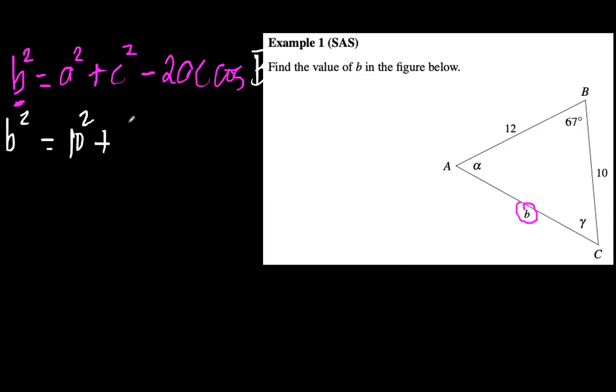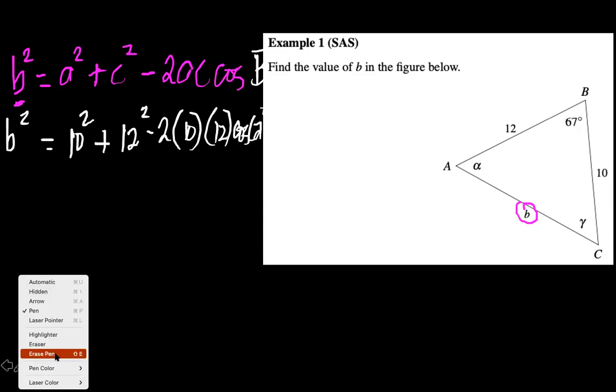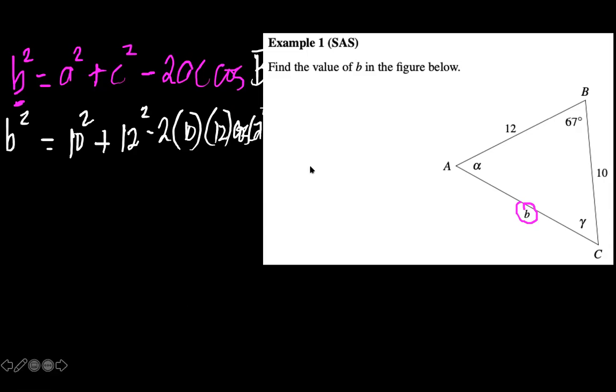Our side C is equal to 12, and 2 times A is 10, C is 12, cosine of angle B, which is 67 degrees. Sorry, I should have used a different color instead of white.